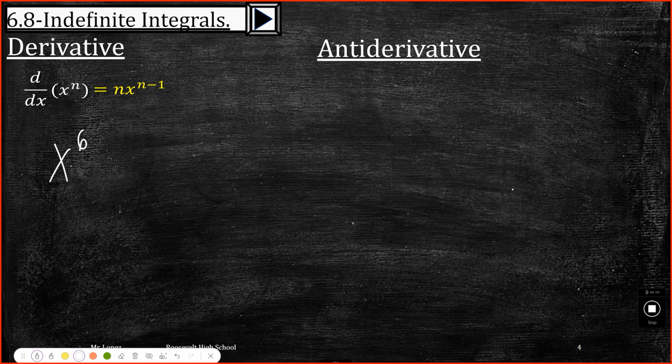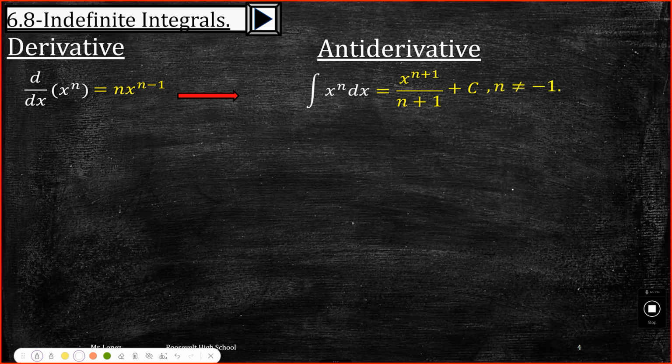What you do is you add a number to 6 and put that number at the bottom. We know the derivative, and when we do the integral of it, you add a number to the power n and then put that number at the bottom. And then don't forget the constant.